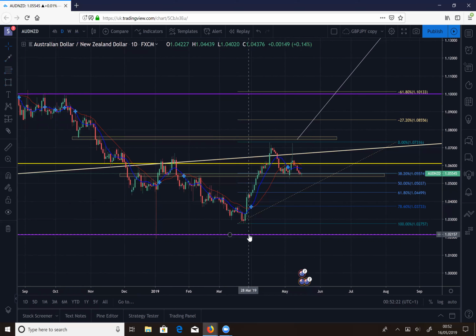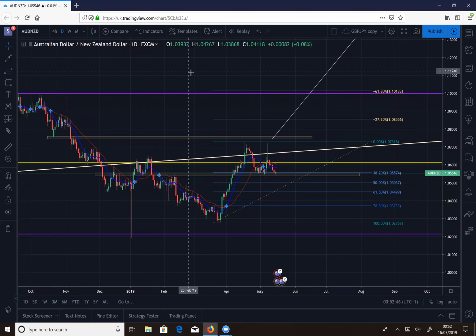We can see that 0 more or less lines up with our daily key level, and that the 50 lines up nicely with our weekly key level at 1.1. Nice round number, 1.1.